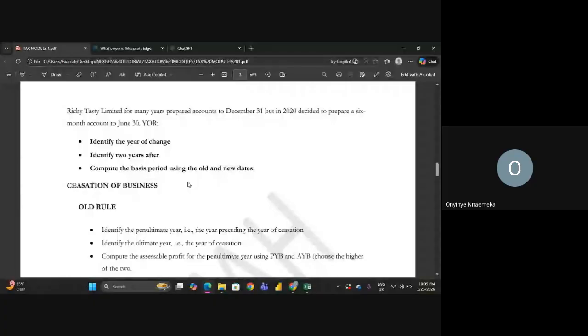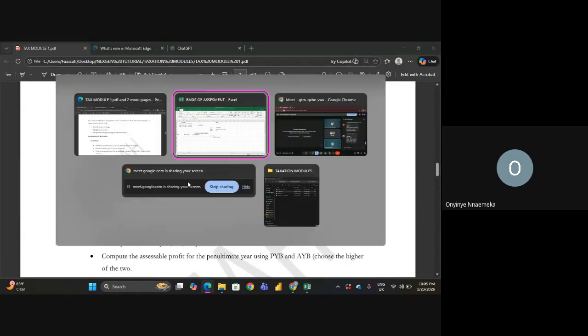But they have helped you in this question. Why? They gave you your year of permanent change for free. They did not give you the problem of looking for your year of permanent change by yourself. Still now, they said in 2020, they decided to prepare a 6-month account to June 30.